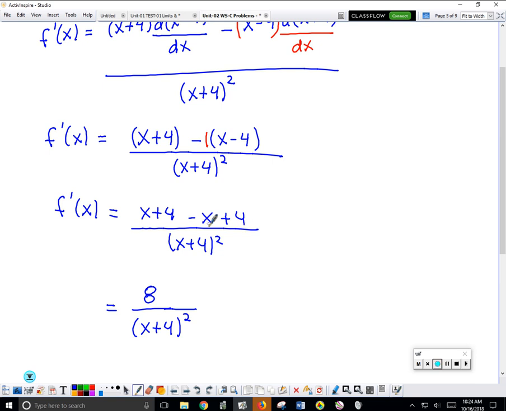Like this is exactly the same as x plus positive 4 plus negative x, you did this years ago, plus positive 4, like they made you write in all the signs, and then they just stopped doing it. But that's how I see it. So these two x's can add to make 0, these two can add to make 8. Questions?